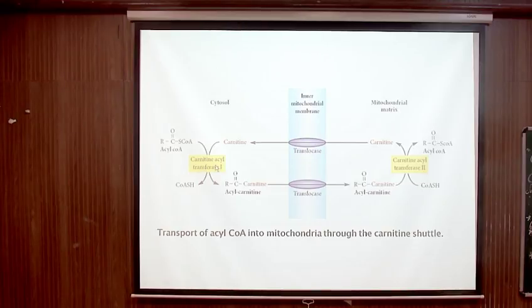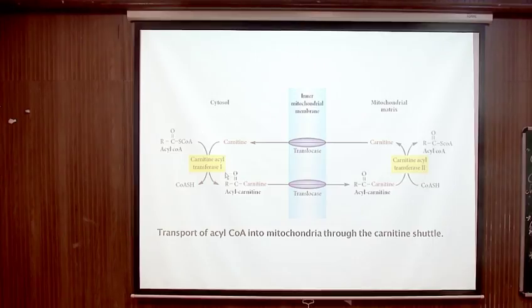When there is CAT1, there has to be CAT2, which is in the mitochondria. So acyl coenzyme A is converted to acyl carnitine, for which we need carnitine, and the enzyme which does this is carnitine acyl transferase 1, present on the outer surface of the inner mitochondrial membrane.